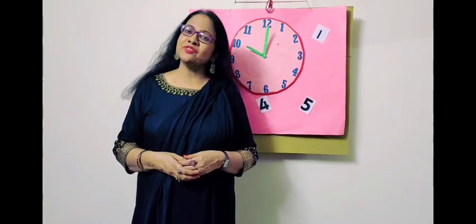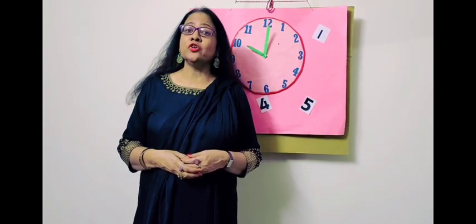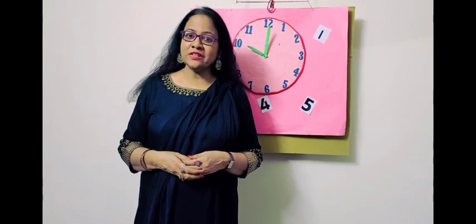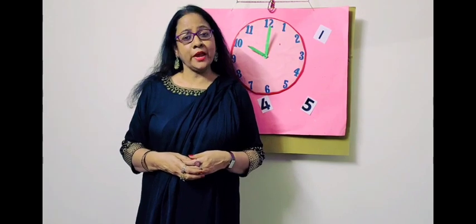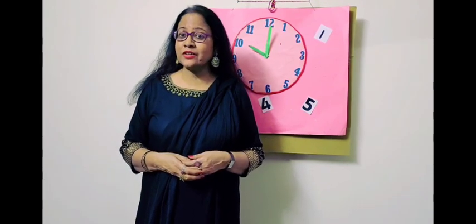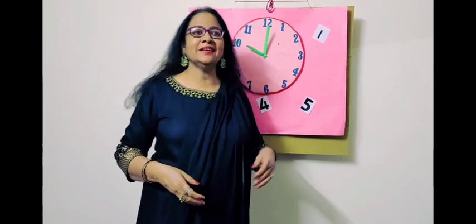I am Jennifer ma'am. Now, can you tell me children, why am I wishing you good morning? Because it is morning time. How do I know it is morning and not afternoon? Because I looked at the clock.